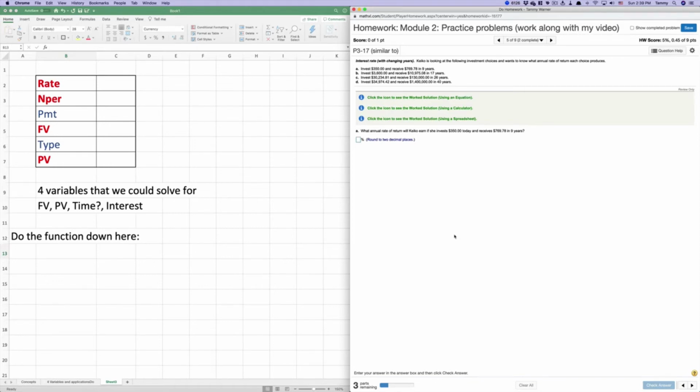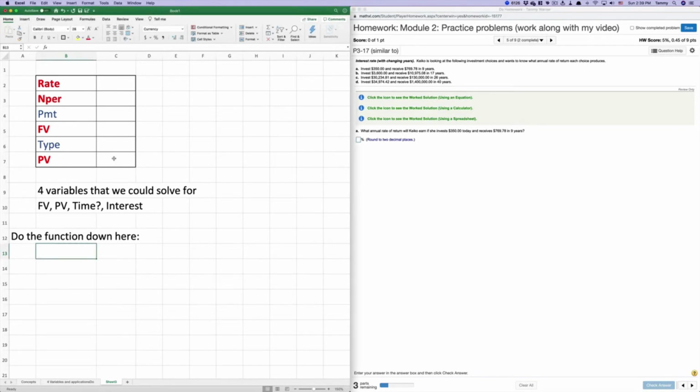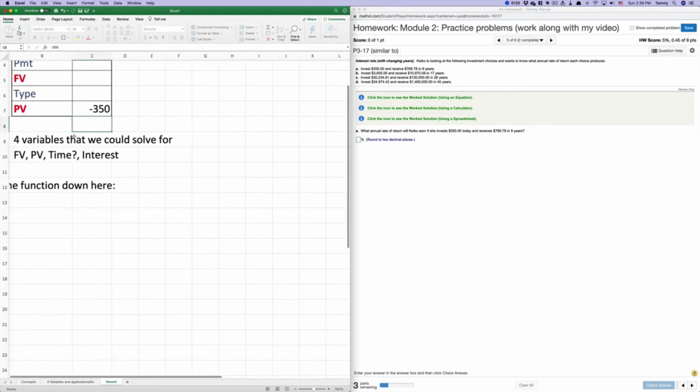So that's why they have you, in this book, solve for interest rates. Now, Excel has a function called rate, but let's just look at this first example. So we invest $350, so we're going to call that a negative $350 for our present value. And then the future value, oops, sorry about that.